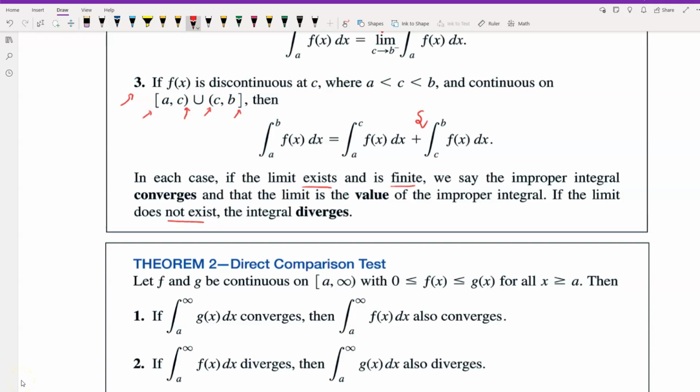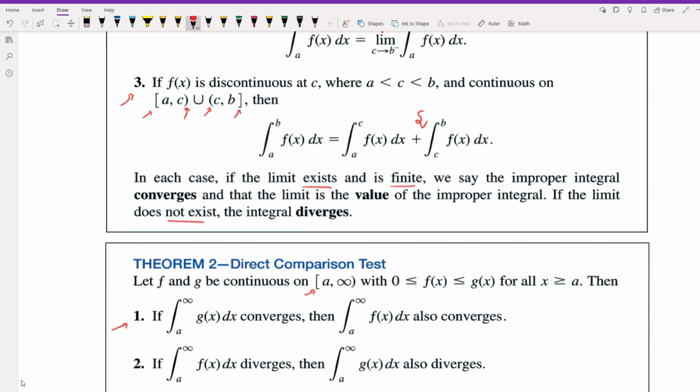Theorem 2, direct comparison test. Let f and g be continuous on [a, positive infinity) with f of x between 0 and g of x inclusive for all x greater than or equal to a.